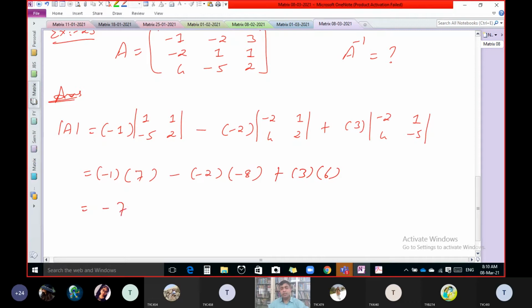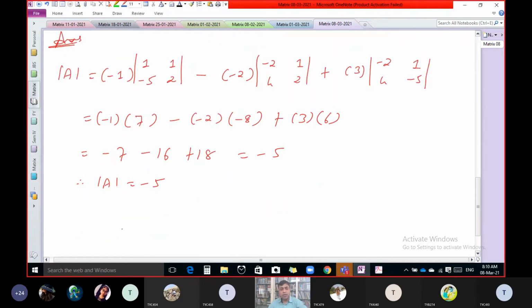Now see, this is minus 2, this is minus 8, so we get plus 16, but here a minus sign is there, so ultimately we get minus 16, and this is plus 18. Now 18 minus 16 is 2, 2 minus 7 is minus 5. So the determinant of A is minus 5.